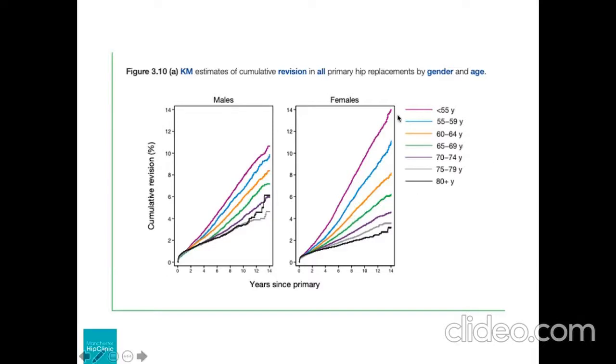Females are slightly worse, I'm afraid. So over the same period of time, they have a 14% risk of failure. And as you go down through the age groups, that risk of failure goes down. And that probably reflects, one, how long you live, but also how active you are. And it's particularly the activity thing that we're now starting to get really interested in and trying to work on improving.